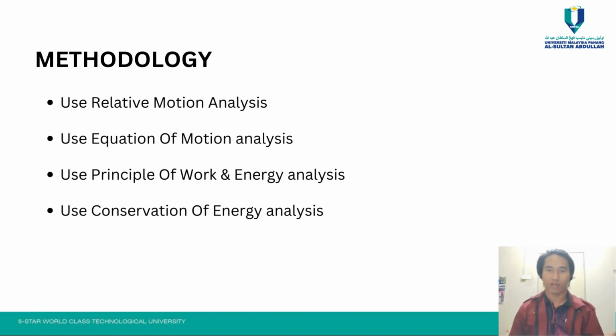Next, we use equation of motion analysis to determine the velocity at point C and acceleration, and we also use the principle of work and energy analysis to find the force exerted at point B. Lastly, we use the equation of energy analysis to find the angular velocity of BC.